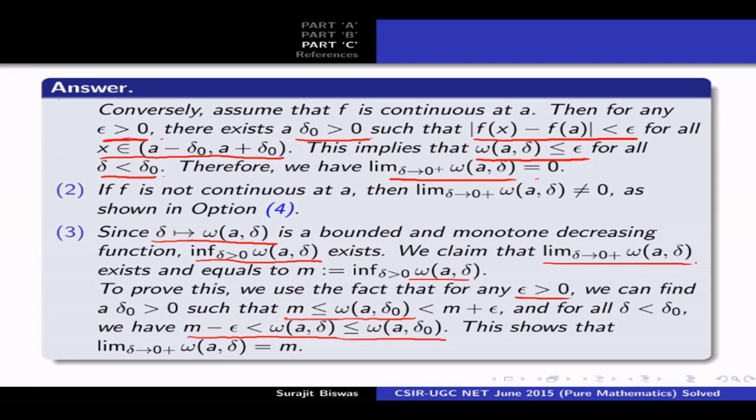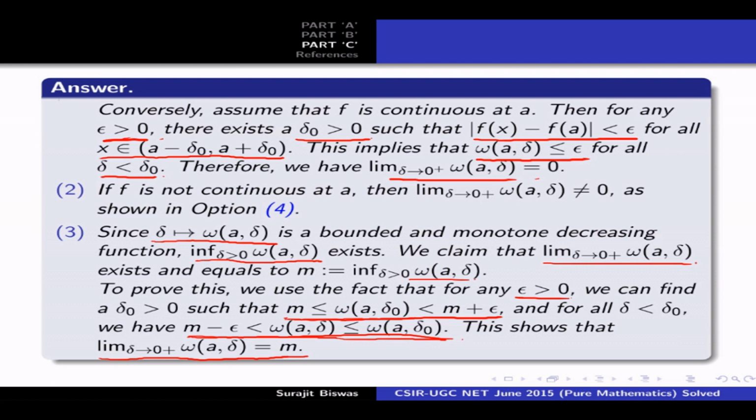Combining these two, we will have m minus epsilon less than omega(a, delta) less than m plus epsilon for all delta less than delta naught, and therefore by the epsilon delta definition we have the limit as delta tends to 0 plus of omega(a, delta) equal to m.